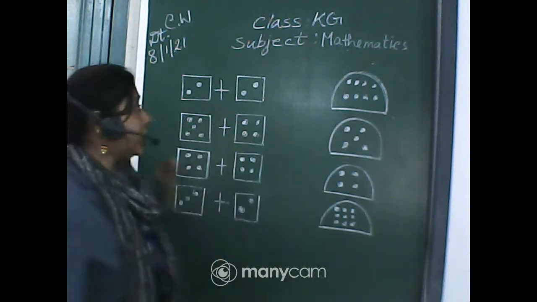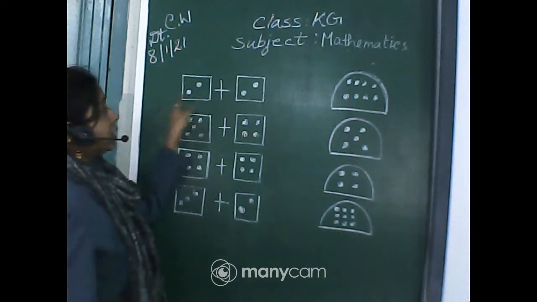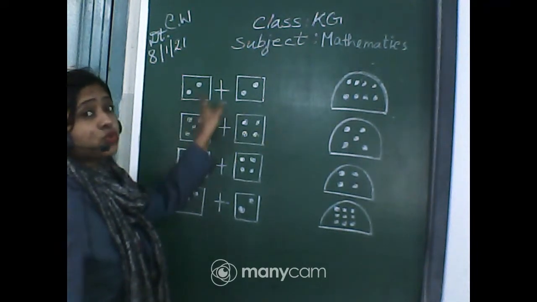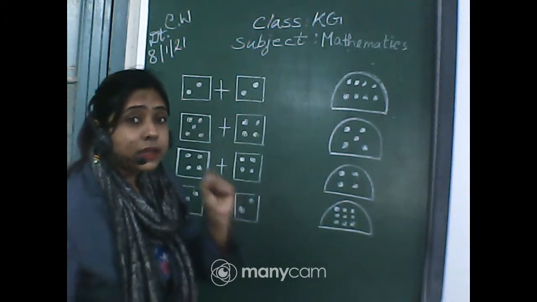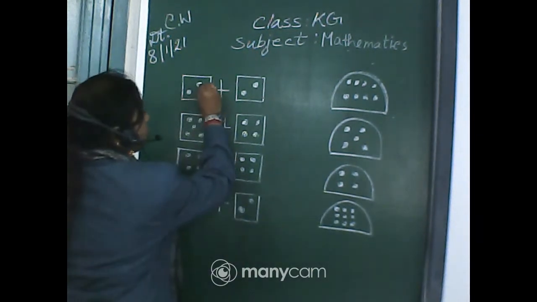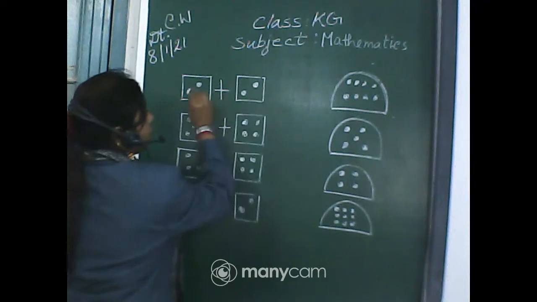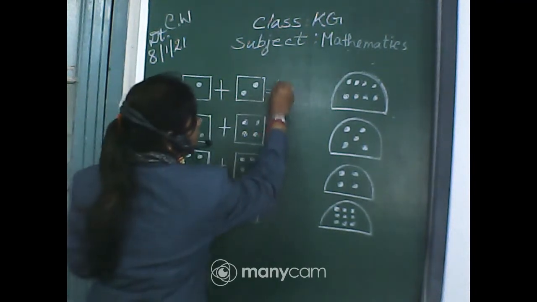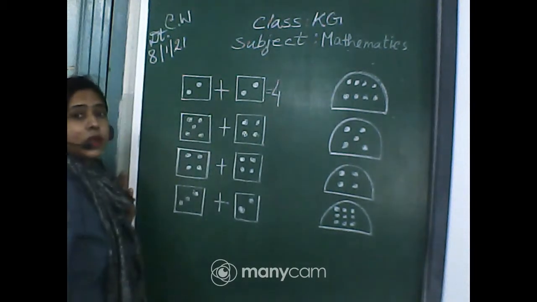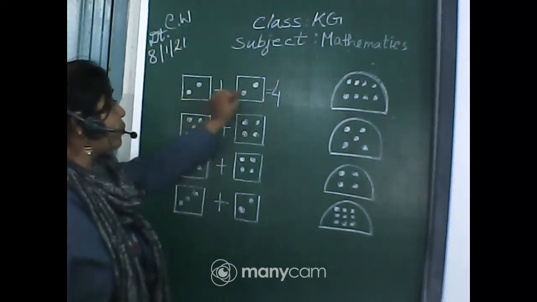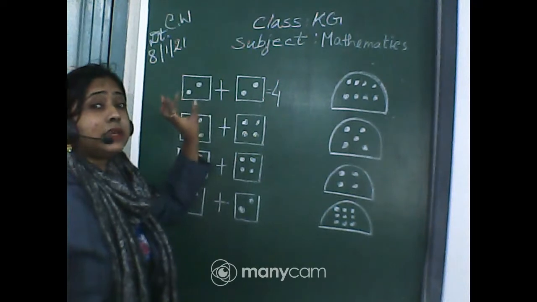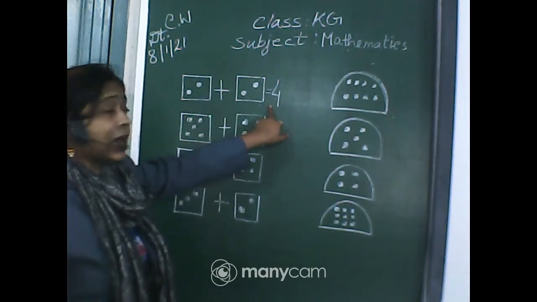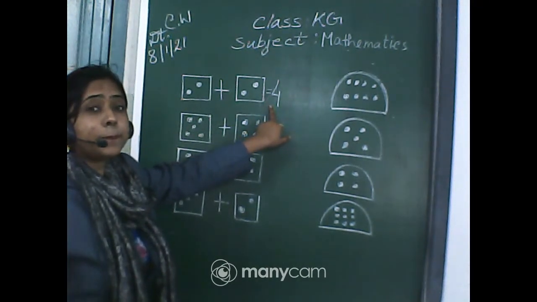So first one, you can see these first 2 square boxes, how many dots are there? 1, 2, 3, 4. So first one, there are 4 dots. First 2 boxes add together and you can see the answer is 4.